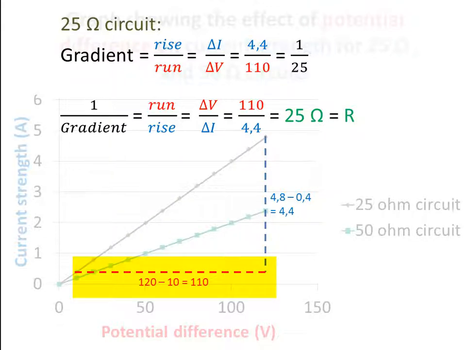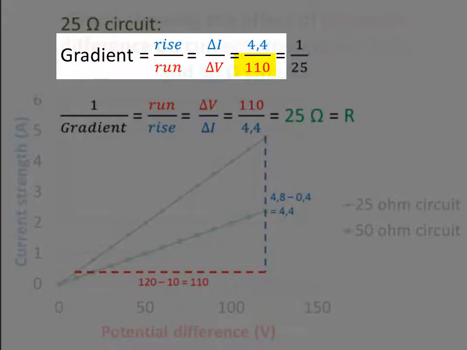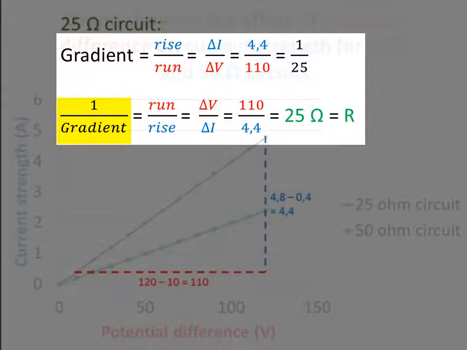The run is the change in the V value, the voltage. The highest value that we measured was 120 volts and the lowest was 10 volts. So we have a run of 110 volts. 4,4 over 110 is 1/25. The inverse of that is 25. And the inverse of the gradient gives us the resistance. And indeed, this was a 25 ohm circuit.